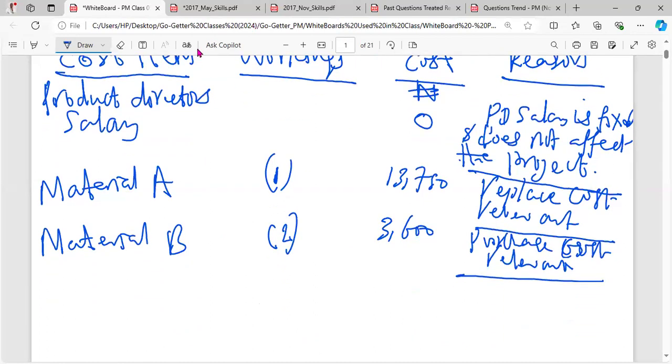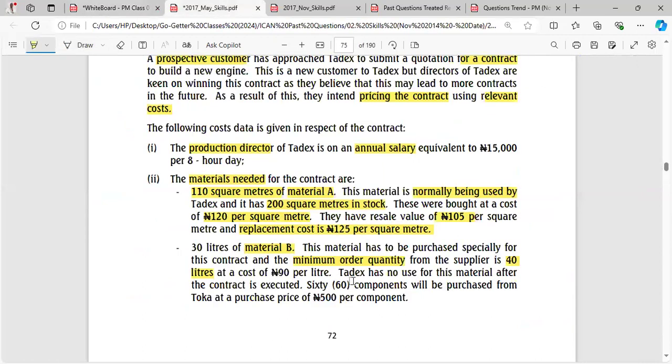Now the next one is, they say Tadex has no use for this material after the contract is executed. So it means that they must use it for the contract. So they have to buy it and use it for this contract. If they don't use it for this contract, then everything is a waste.